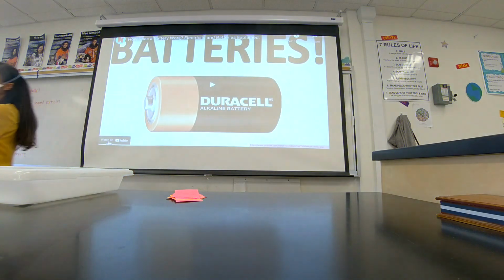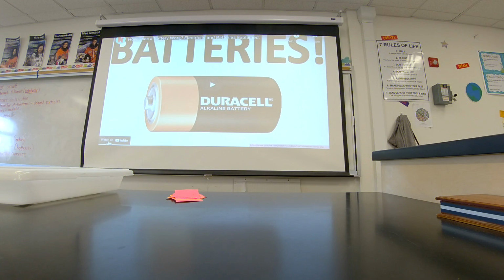You've got wires. Notice how there's metal clamps on the end, so you're going to use these to connect it to your battery and your light bulb, but it is covered in rubber, which you stated was an insulator.